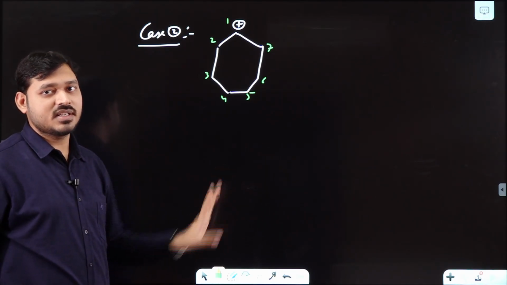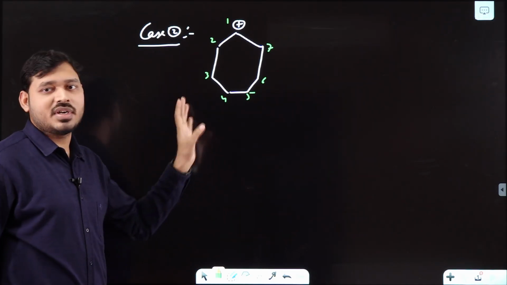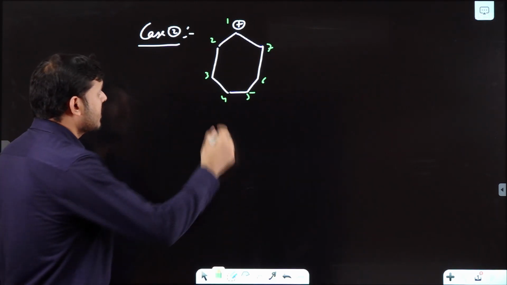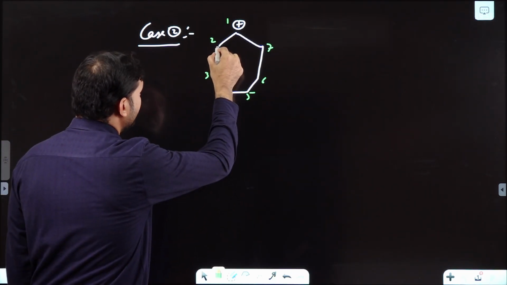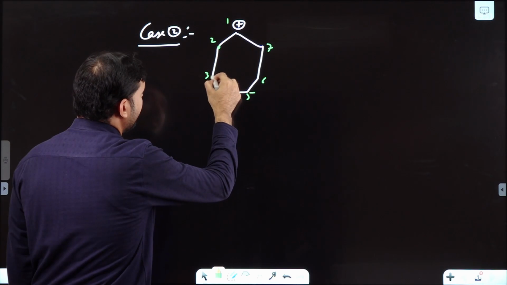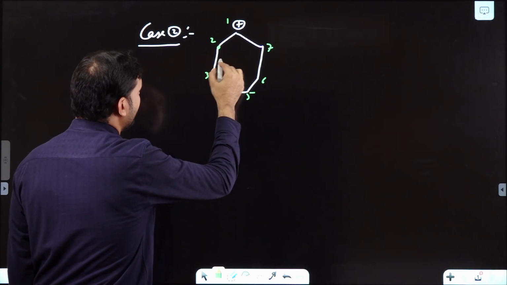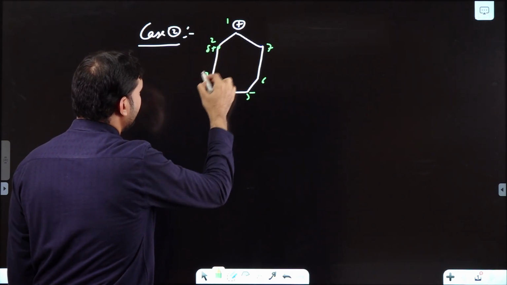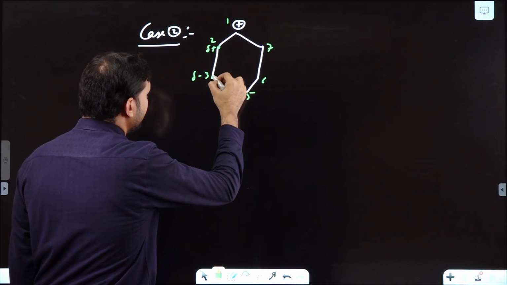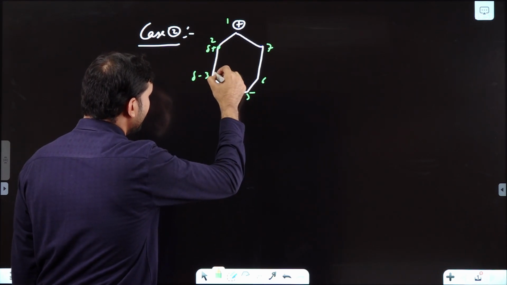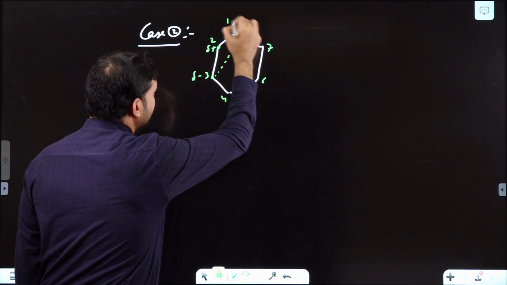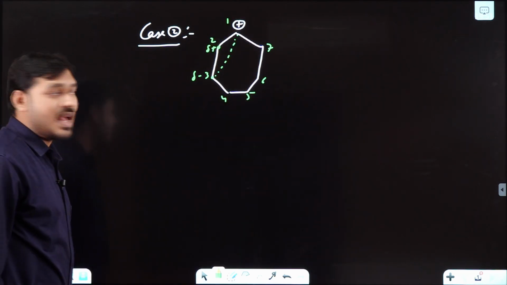Okay. So that is stable. In a 7-membered ring also it has been observed. How? Suppose this bond number 2, 3 is broken such that it is delta positive, it is delta negative, and this part combines with carbon 1, what will happen?